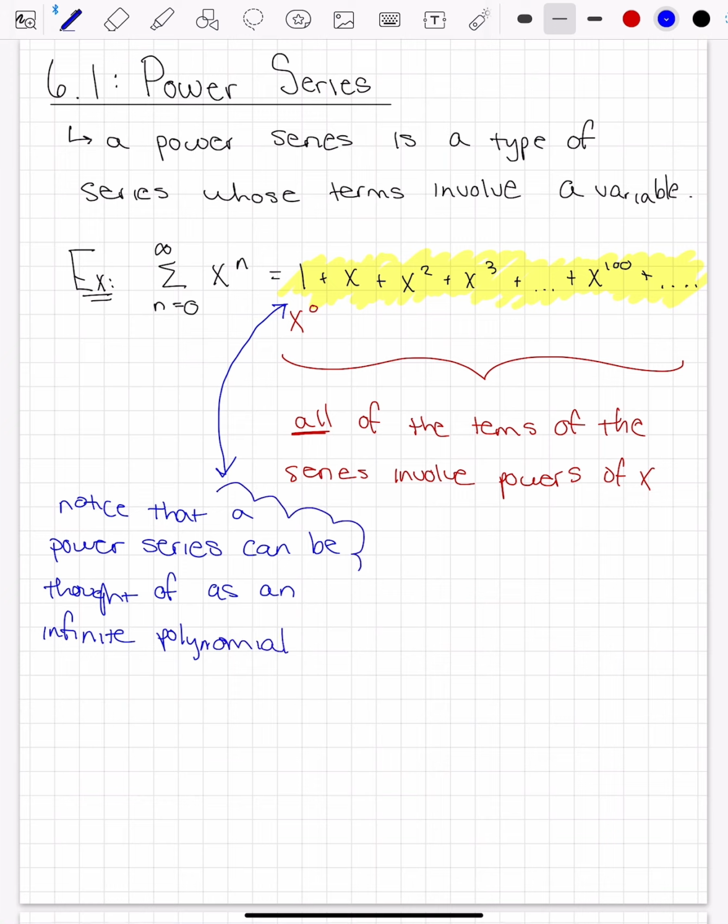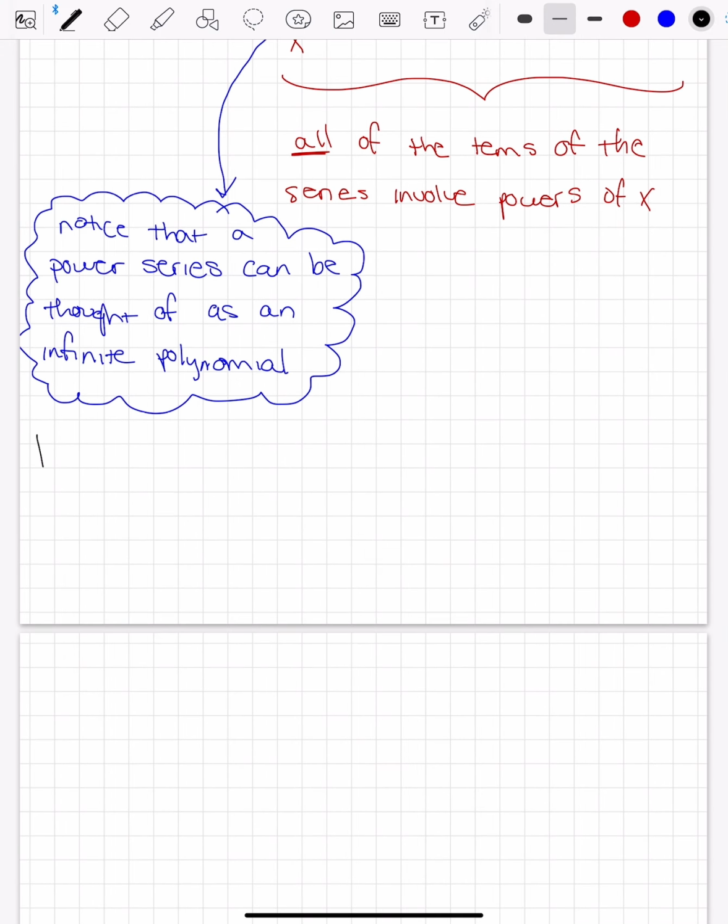Okay, so this is our very crude introduction into power series, and now I will formally define a power series. The definition is that a series of the form the sum from 0 to infinity of some formula, Cn, where Cn is the formula for the sequence, times x to the n.